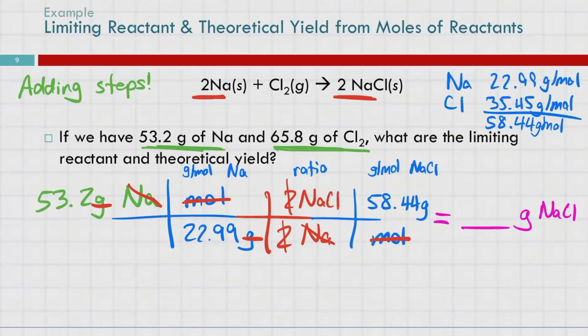Questions about doing that? Where we got the numbers from, why one number's on top and the other's on bottom. Okay. We get 135 grams sodium chloride.